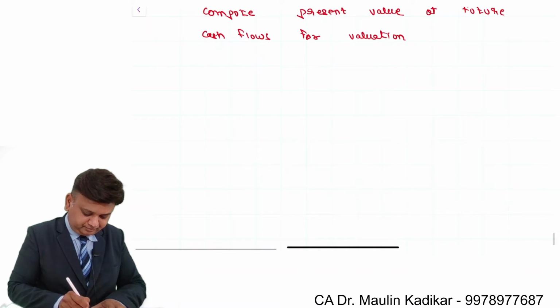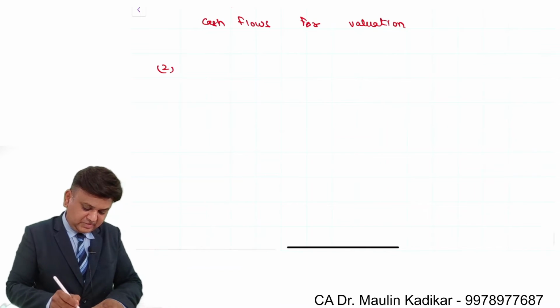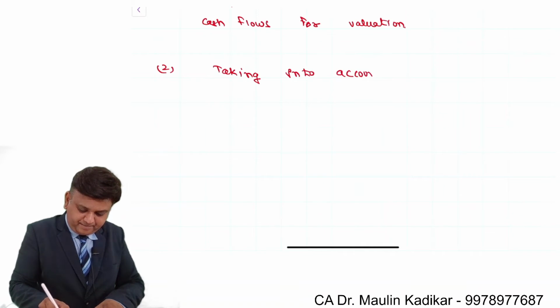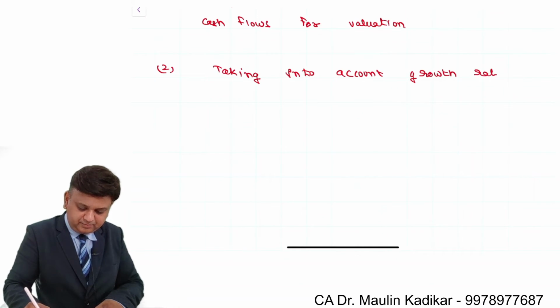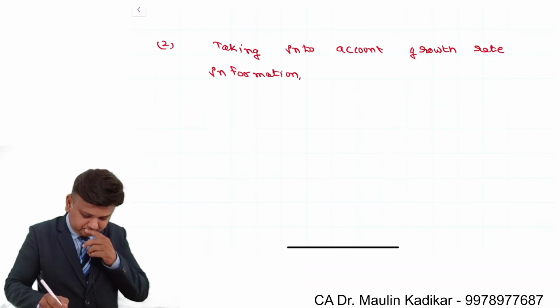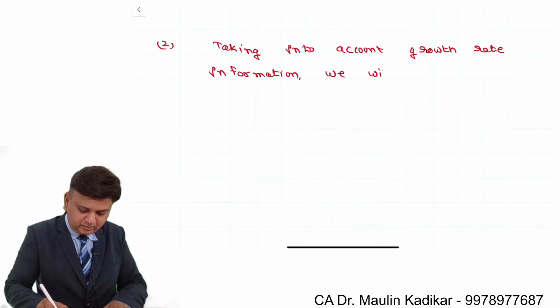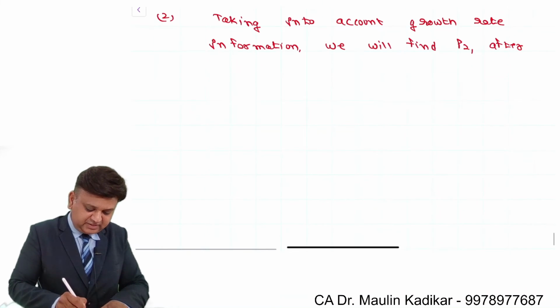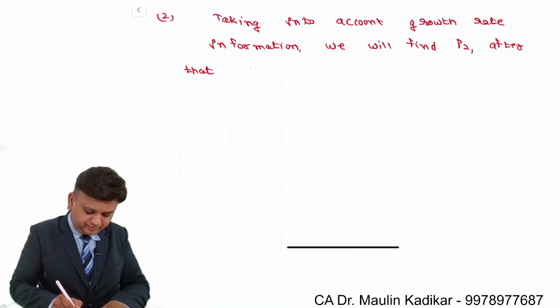Second point, taking into account growth rate information, we will find P2, comma, after that P0.